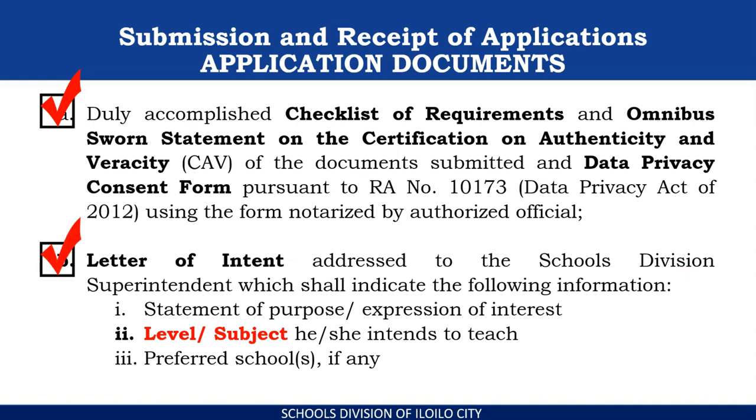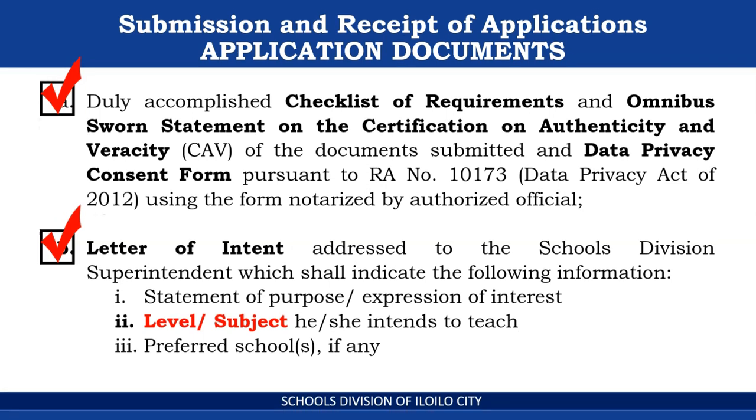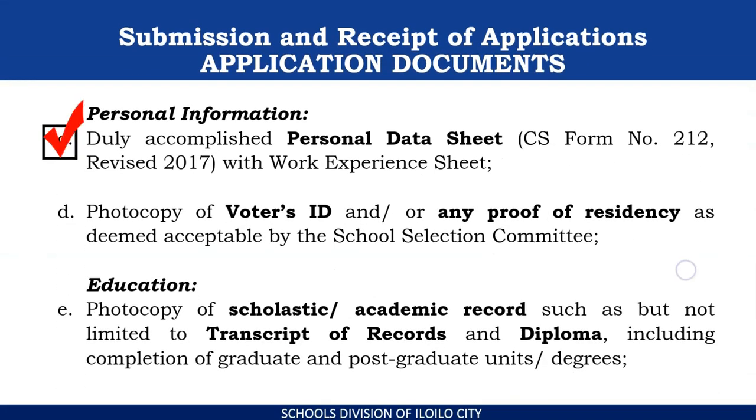Second, a letter of intent addressed to the Schools Division Superintendent which shall indicate the following information: statement of purpose or expression of interest, level or subject he or she intends to teach, and preferred schools if any. Third, duly accomplished personal data sheet with work experience sheet. Then, photocopy of voter's ID or any proof of residency as deemed acceptable by the school selection committee.